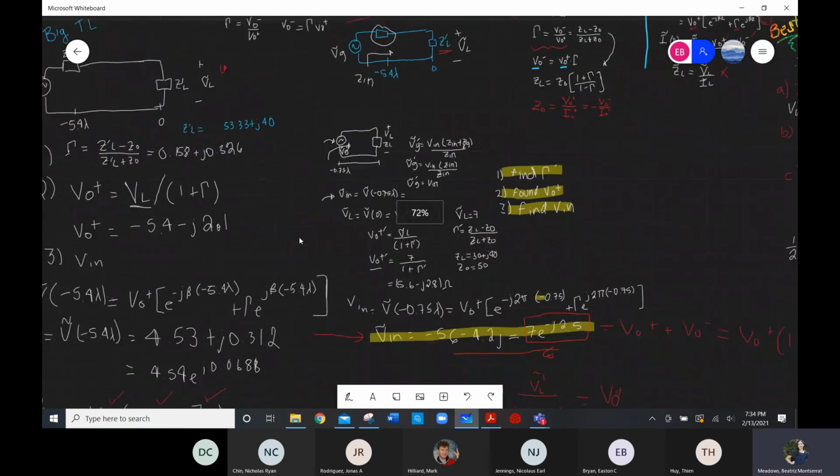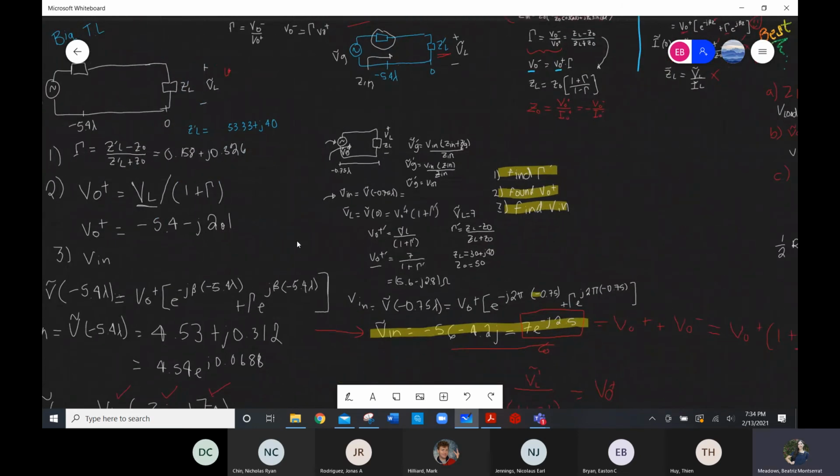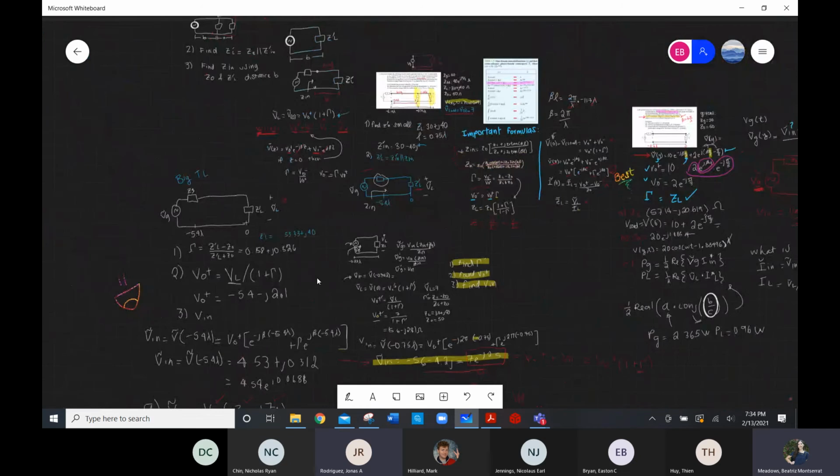He's going to give you whatever voltages he wants. I've seen tests from previous semesters, and every test the voltage is at a different location. So make sure you can solve one when he gives you the voltage at the generator.